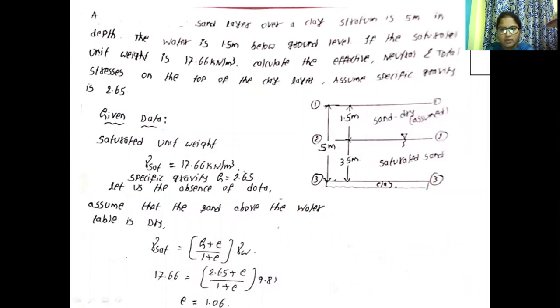The model problem: a sand layer over a clay stratum is 5 meters in depth. For any problem, first of all, read it carefully, draw the diagram, and first write the given data and what is being asked, such as calculating effective stress or neutral stress, and what formula is required for determining that particular element.